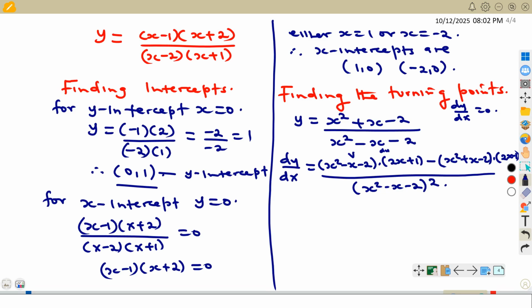From there, we shall have to simplify this further.